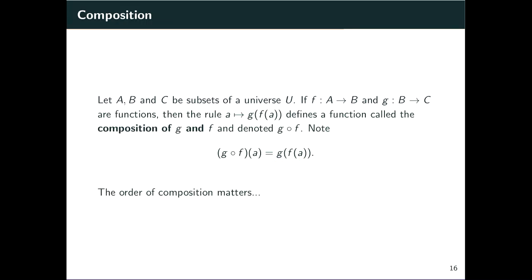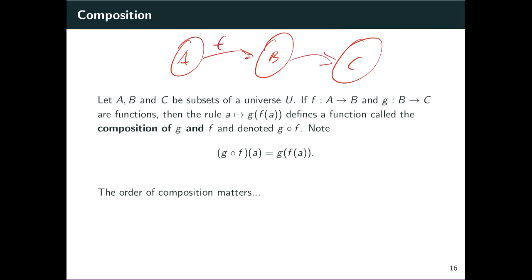And maybe like a little picture. We've got A, B, and C. So f is a function from A to B, and g is a function from B to C. And yeah, if you take an element in A, it gets mapped to some element in B, and then g maps it to something like this.